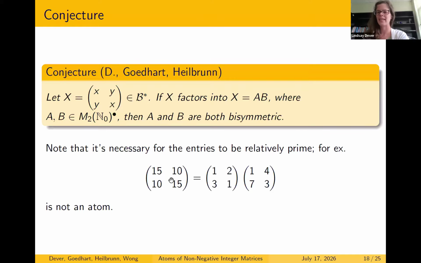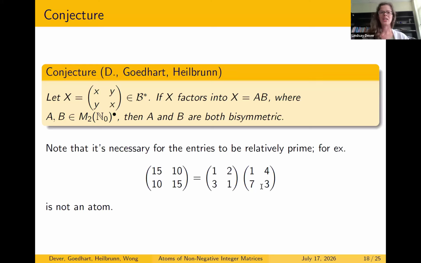Here we have a common factor of 5, and this factorization does not appear to have anything to do with there being a 5 that can be pulled out of a row or column. In fact, both of these matrices are atoms because their minimum entry is 1 and they're doubly balanced. So it was totally unclear to me why this would be true, but it did seem to be true.